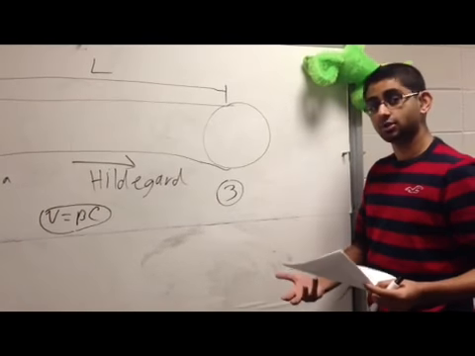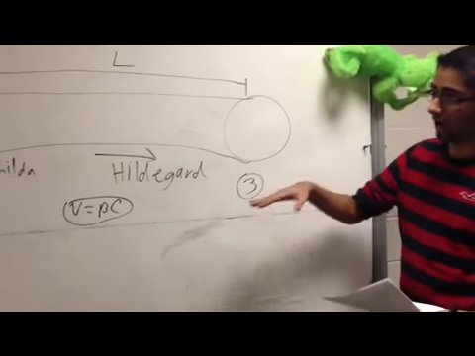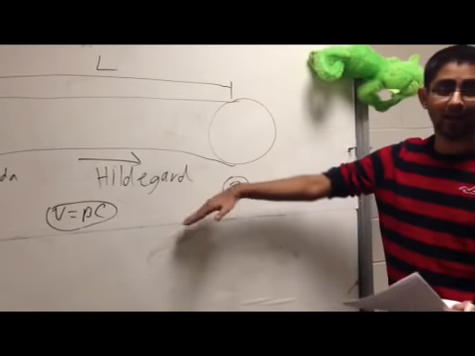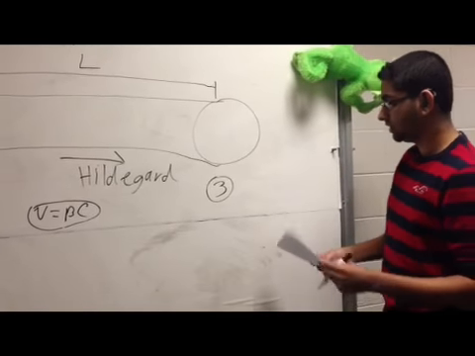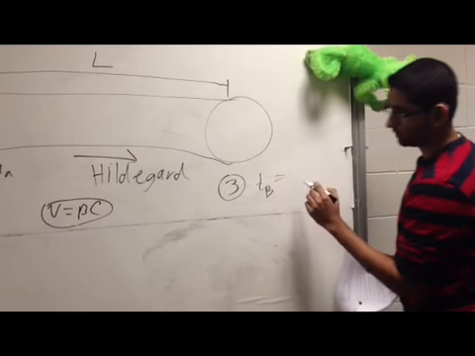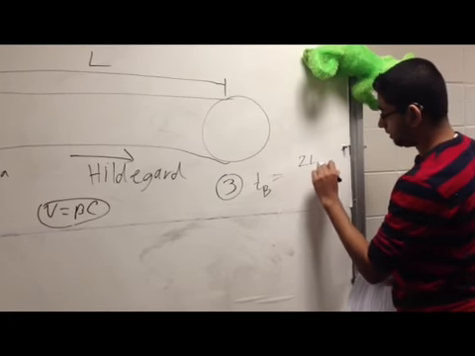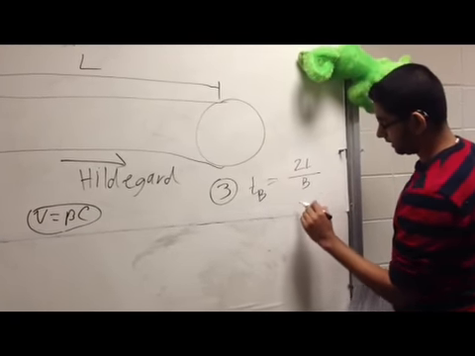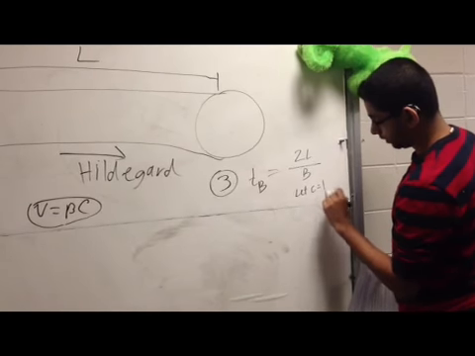Basically they're asking us to find how much time Brunhilde experiences and how much time Hildegard experiences. We know the time Brunhilde experiences is 2L over beta because we let c equal 1.